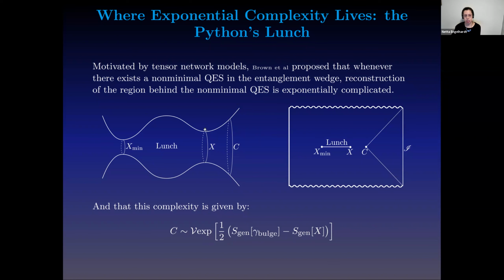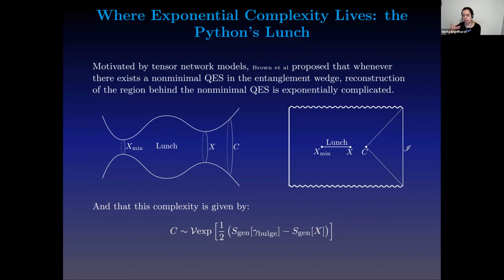Here we have another non-minimal quantum extremal surface. This is X over here. This here is the bifurcation surface, C. And this bulge between the two, the so-called Python's lunch, has a maximum over here, which we call gamma bulge. And the proposal is that if you want to reconstruct some operator here in the lunch region, then it's exponentially complex.